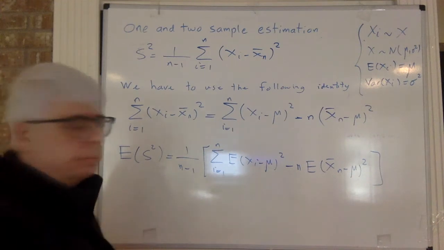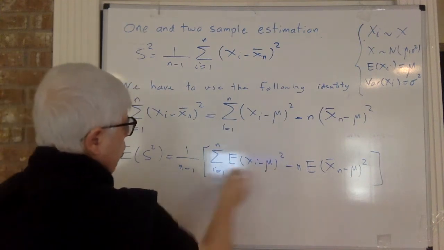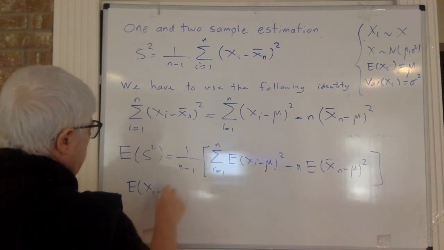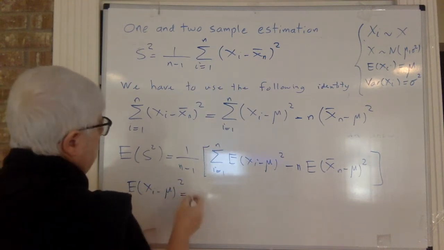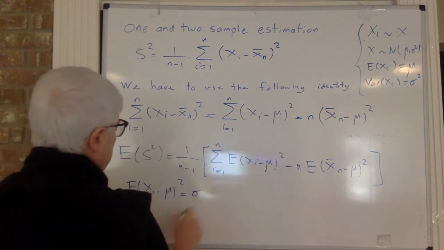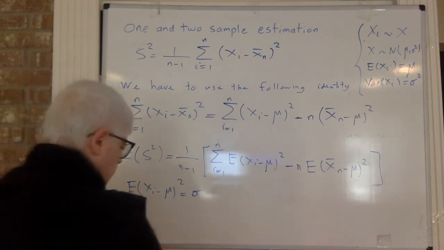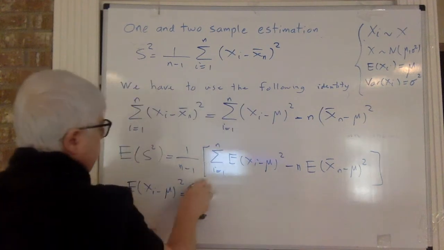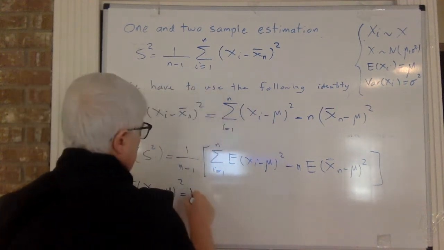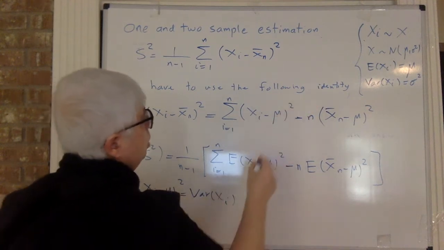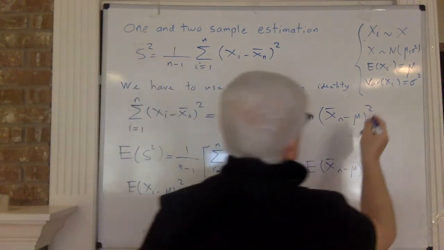So, let's look at each one of them. E of xi minus mu squared, that by definition is the variance of xi, and that is sigma squared.